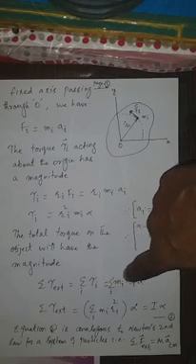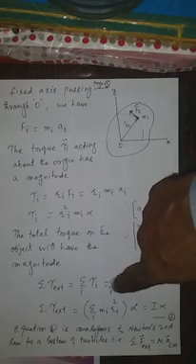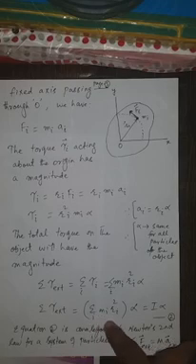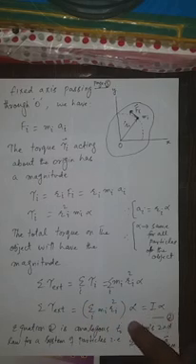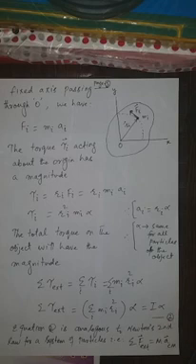We isolate this factor, summation of Mi Ri square, in order to replace it with moment of inertia I. Moment of inertia I will be placed beside this factor, and it will become summation tau external is equal to I alpha.